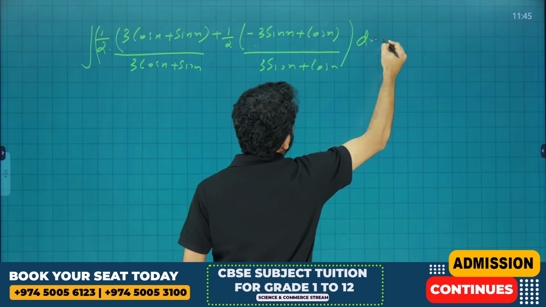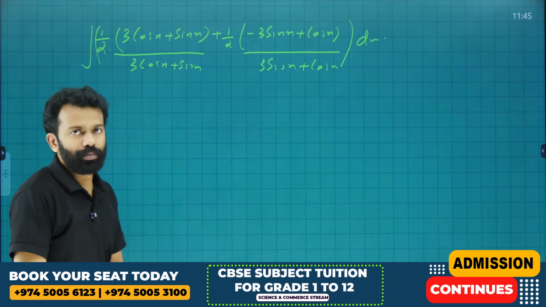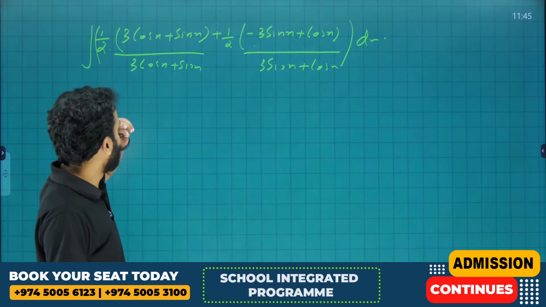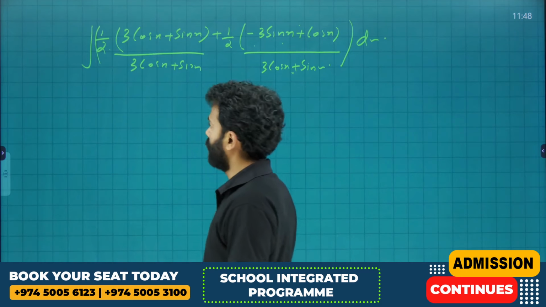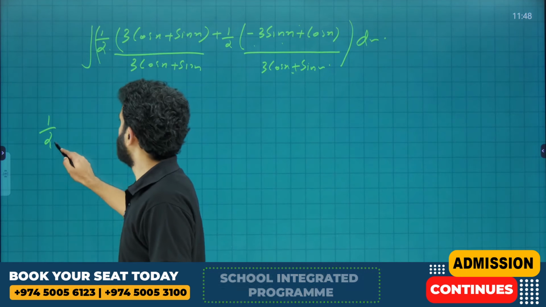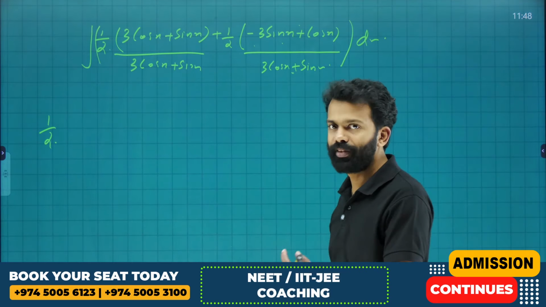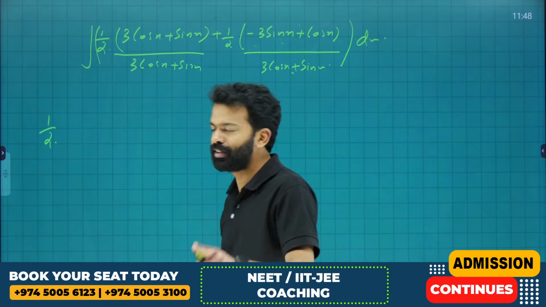So what I'm going to do is skip some steps. What you have to do is take 1 by 2 outside, and you will get 1 by 2 into (3 cos x plus sin x) divided by (3 cos x plus sin x), that is 1, and the integral of 1 dx is x.